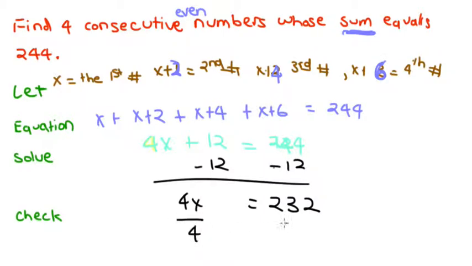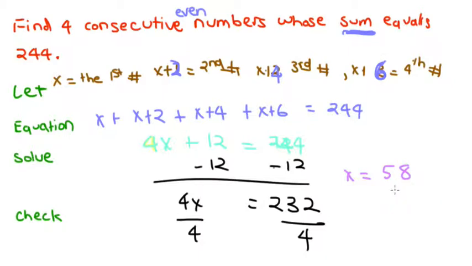And divide by 4 and we get x is equal to 23 divided by 4 is 5, remainder 3. 32 divided by 4 is 8. So x is 58. So that's the first number.